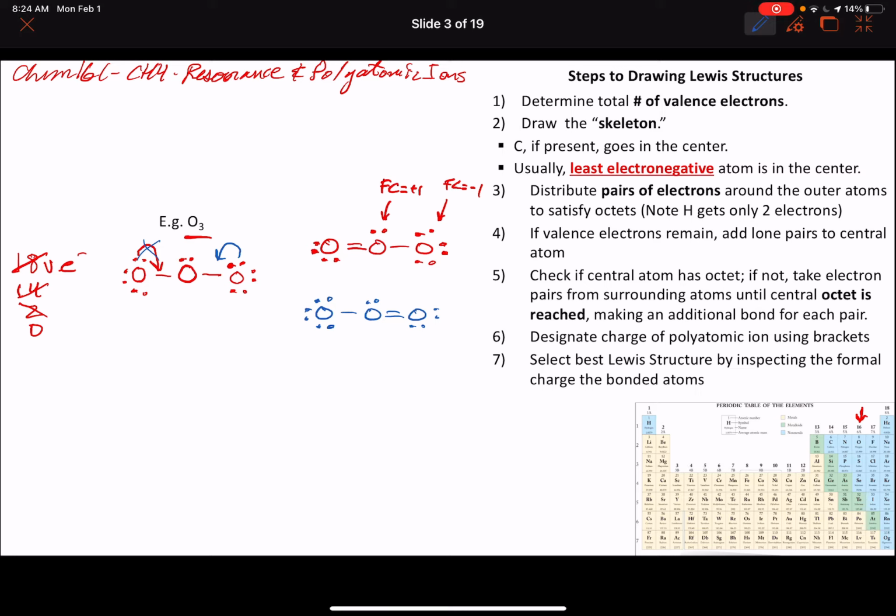So we call these two fully valid and correct Lewis structures. We call them plausible Lewis structures. They're both correct. And this establishes the idea that we have both as contributing to the overall structure of the molecule. So we call this resonance. These two structures coexist with one another, and so we actually list them both as the answer for the Lewis structure of ozone.